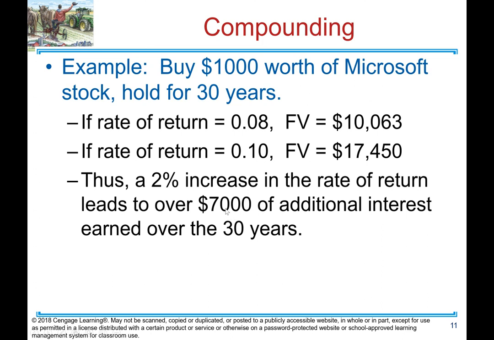If the rate of return is 8%, the future value will be 10,063. If the rate of return is 10%, future value will be 17,450. Thus, a 2% increase in the rate of return leads to over $7,000 of additional interest over the 30 years.